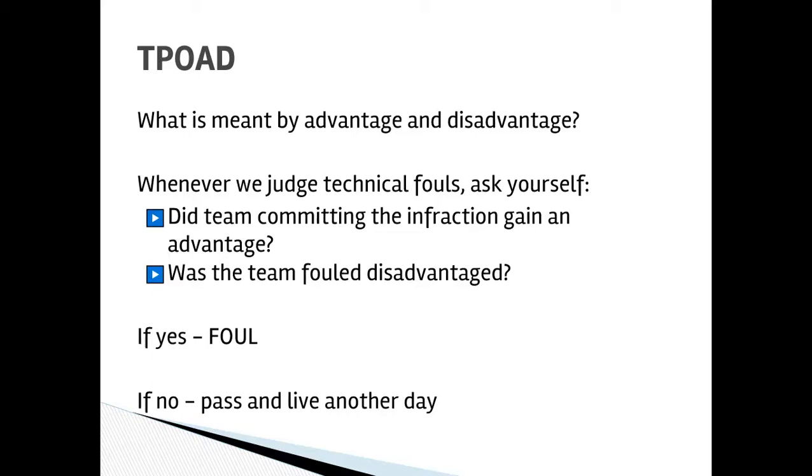If we called every single tic-tac technical foul out there, we would be on for some very long games. So the principle of advantage and disadvantage is what's going to allow us to dictate a very good game flow by only penalizing what causes a team to be advantaged or disadvantaged. And we'll break that down in a few minutes for different categories.